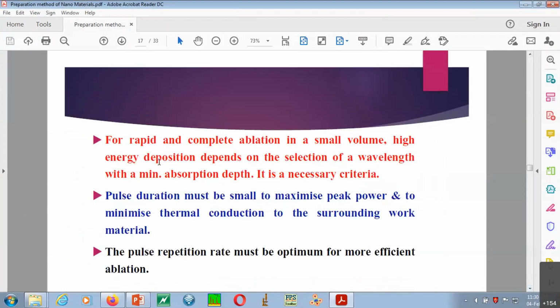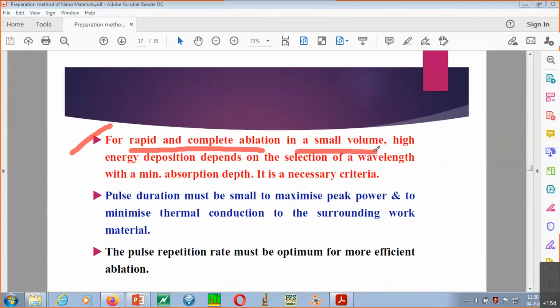Then these are the few things you have to keep in mind for this process, so let me go through them one by one. For rapid and complete ablation, you want it done quickly and completely in a particular small volume, so high energy is required. This high energy deposition depends on the selection of wavelength with a minimum absorption depth. There are various properties one can find out, like corresponding to a wavelength how much energy is going to be absorbed.